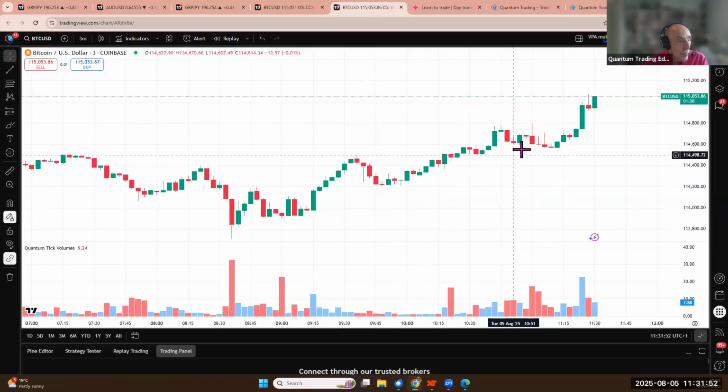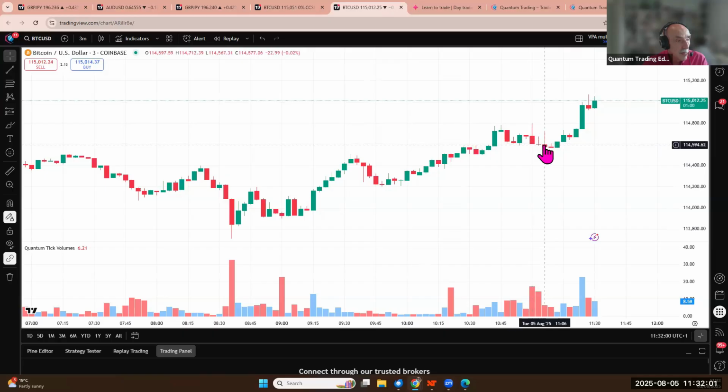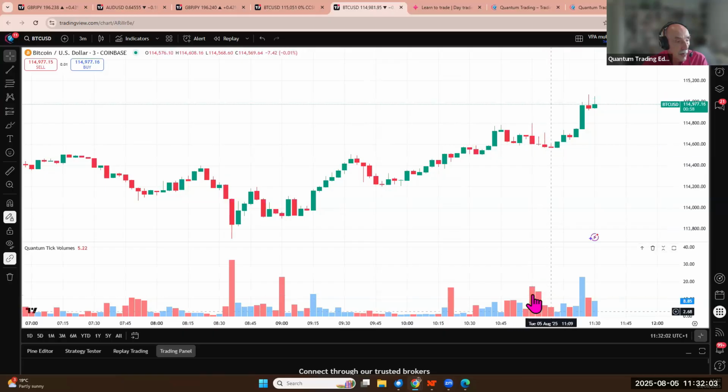On up we go. Then we get some more weakness here. We had high volume here. What are we expecting? Yeah, a little bit of a reversal maybe. We've got some heavy selling gone in there, more selling in here, a bit more selling in here, but then the selling falls away. So we've got falling price, falling volume. What's that? It's anomalous. Why is it anomalous? Because if this were going to develop into a full-blown reversal, it should be the other way around.